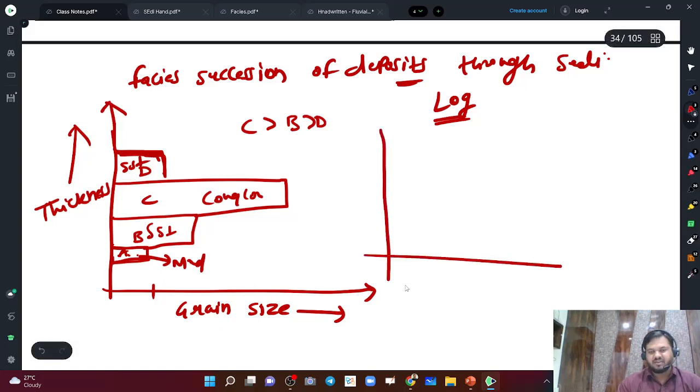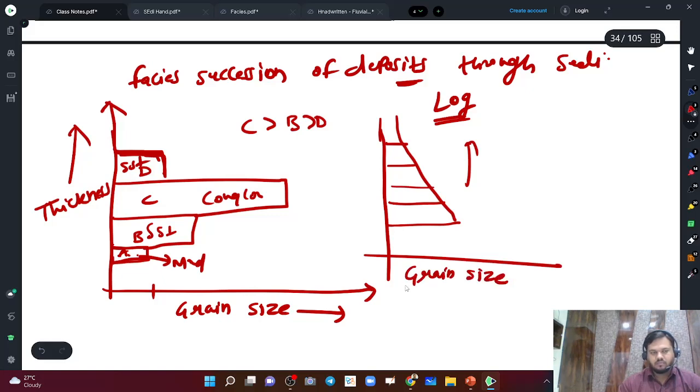If you are getting a sequence like this, what will you call this one? This is fining upward.